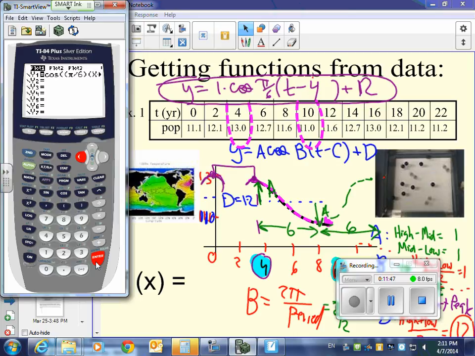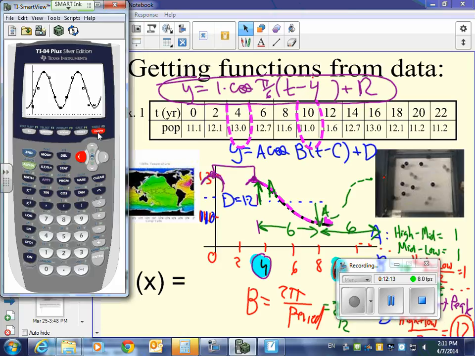And if I did this well, and I'm in the right mode, radian mode, I should be able to hit graph, and it should hit all the points reasonably well. It's a little off when it gets over here, but it was pretty good at the beginning, especially on this high to low that we started with.